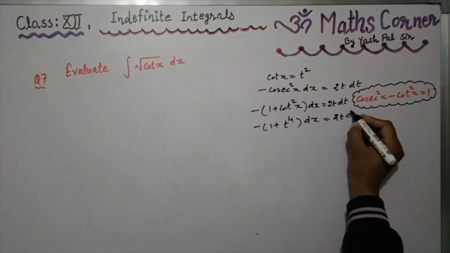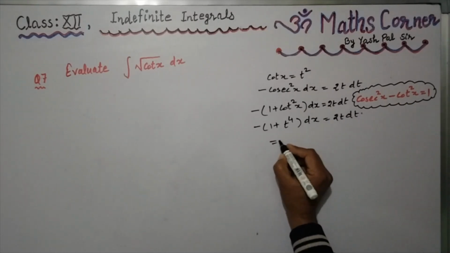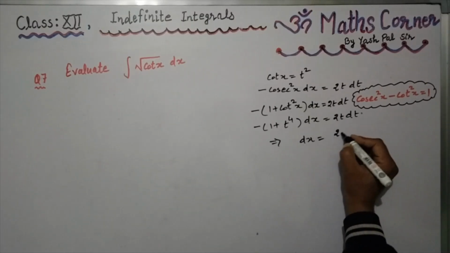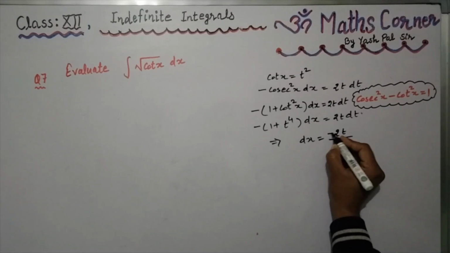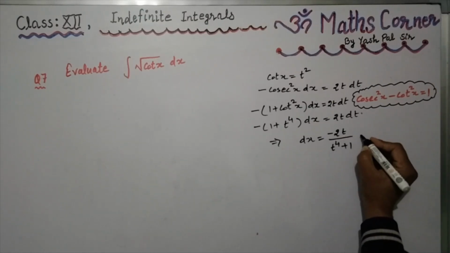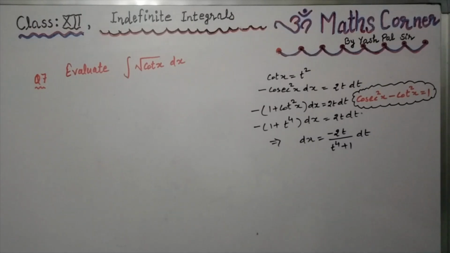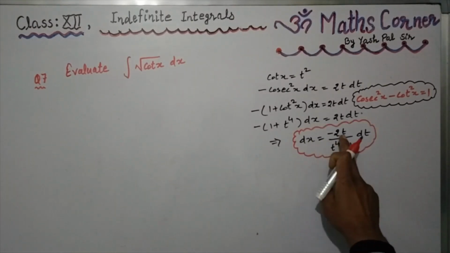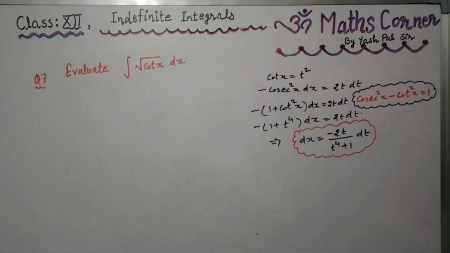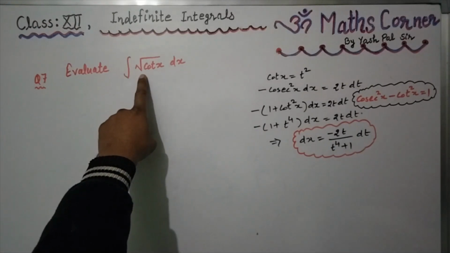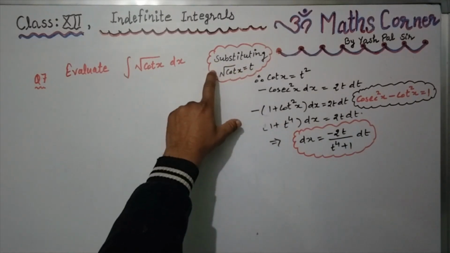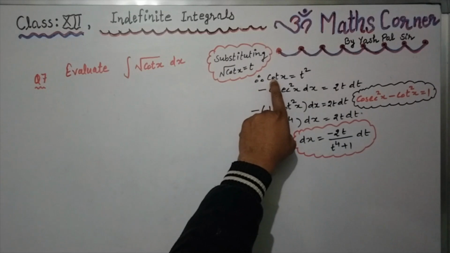This becomes minus 1 plus t raised to power 4 into dx, which is equal to 2t into dt, which gives us dx equal to minus 2t upon t raised to power 4 plus 1 into dt.